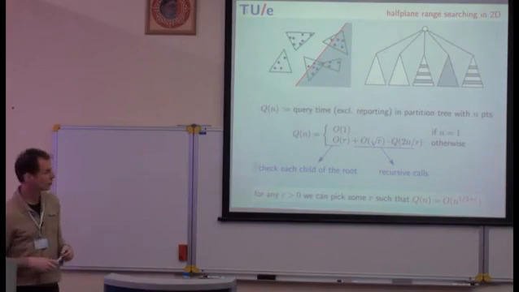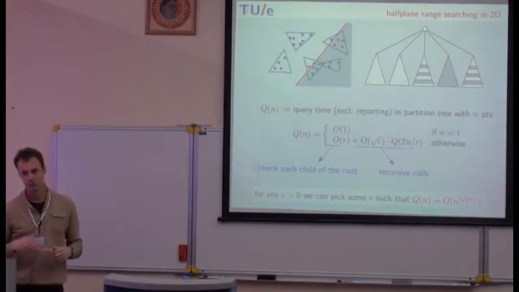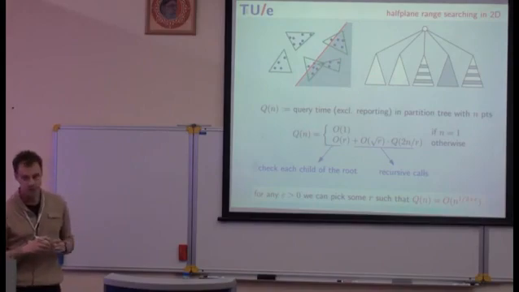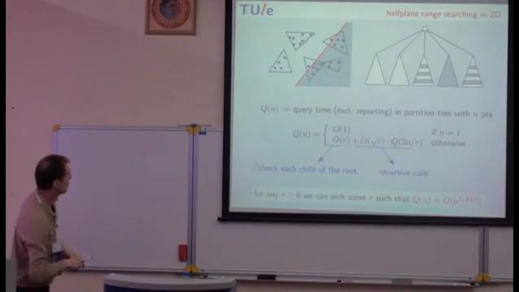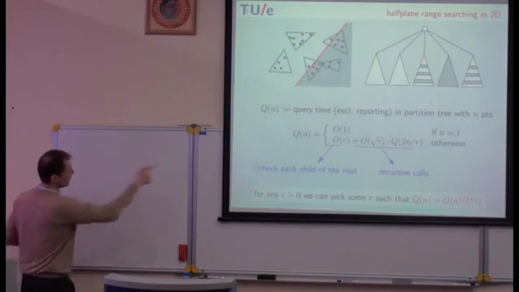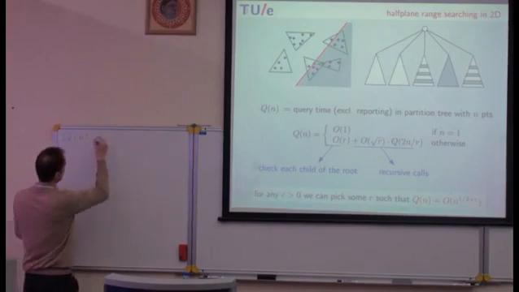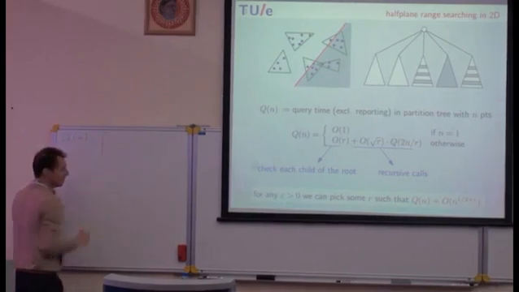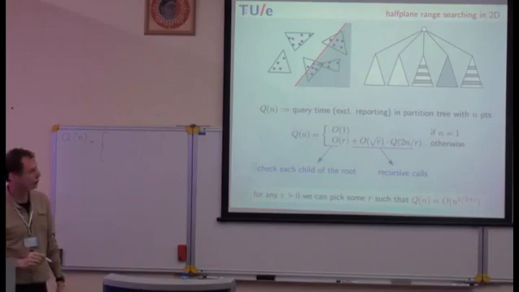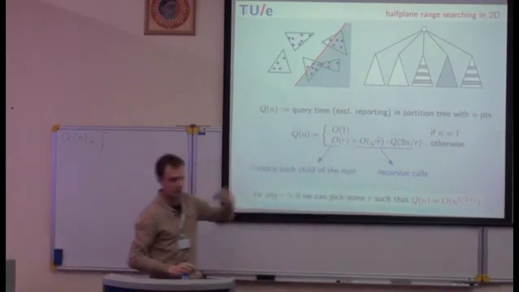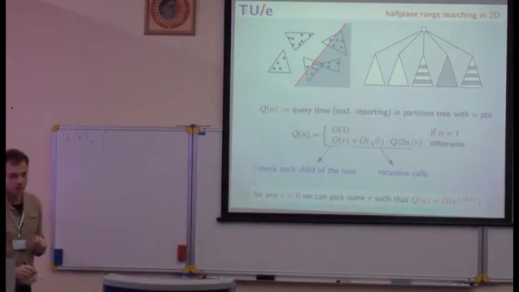So how would you prove something like this? Well, it's a recurrence, so by induction. So the claim is that, well, let me first write the recurrence again. Q(n) is, well, if I want to do this by induction, I should no longer write big O's, but I should be explicit about the constants.